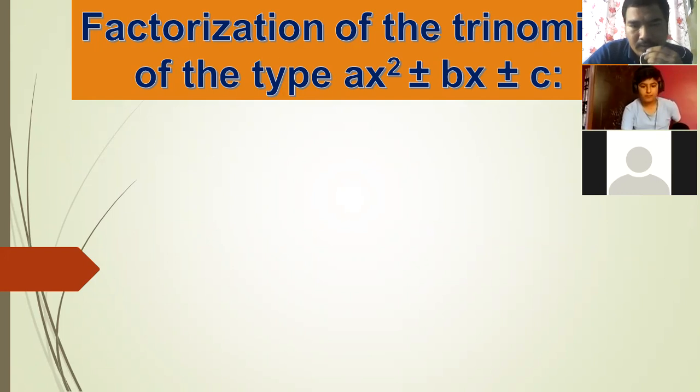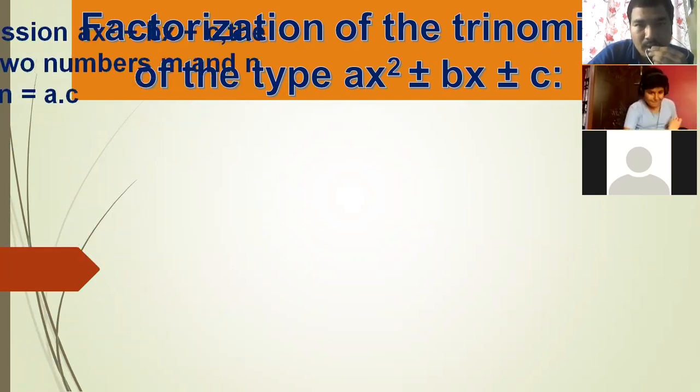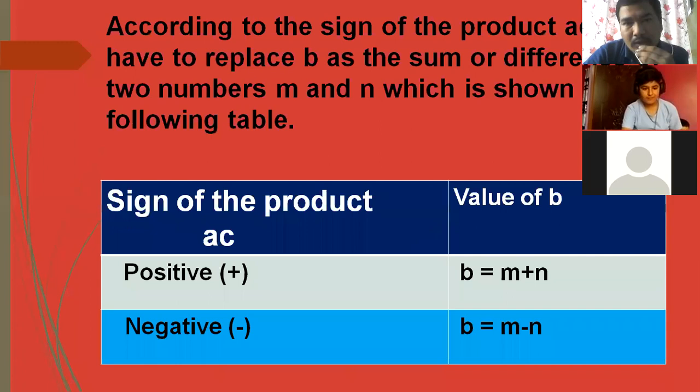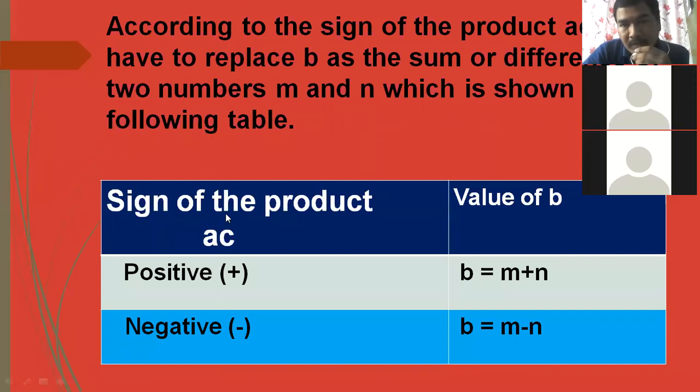Now here I am going to show you the method. When the expression is given as ax square plus bx plus c, a and c will be multiplied.